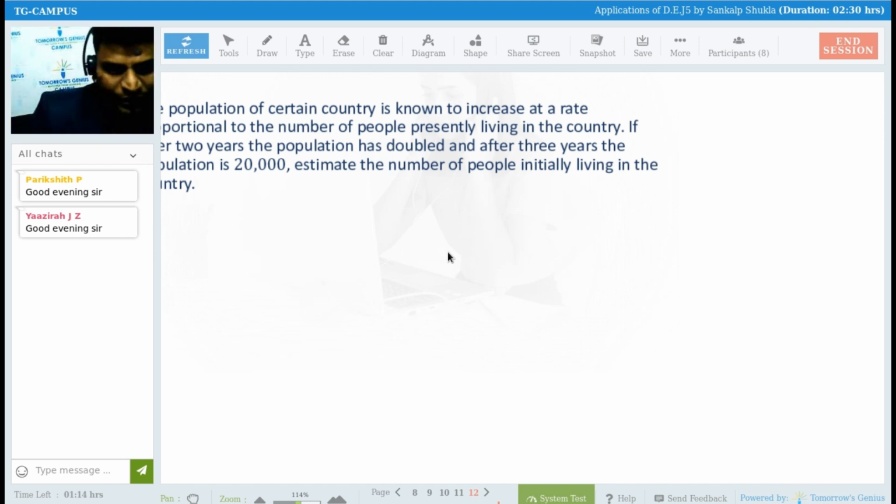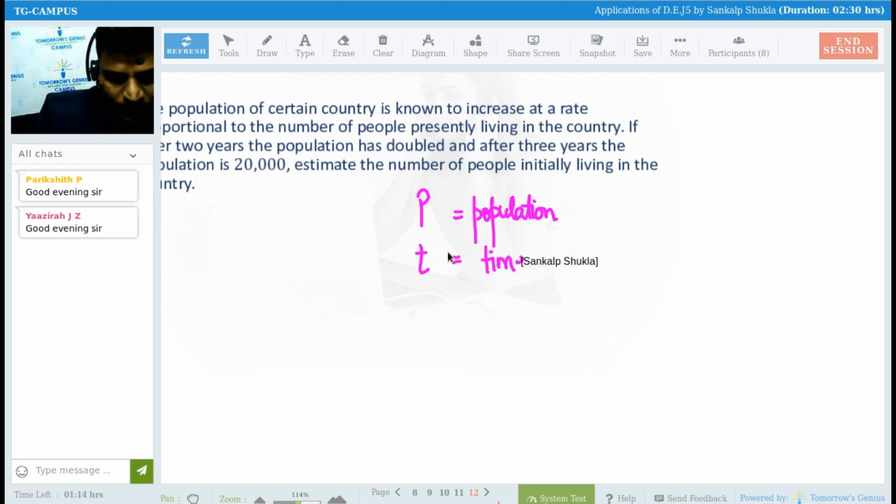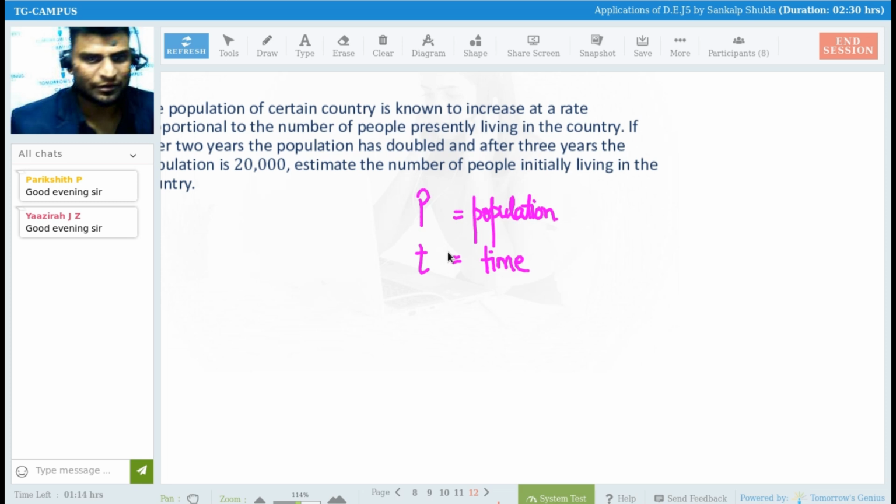The population of a certain country. I'll use P to denote population, and T is the time. The population is known to increase at a rate proportional to the number of people.